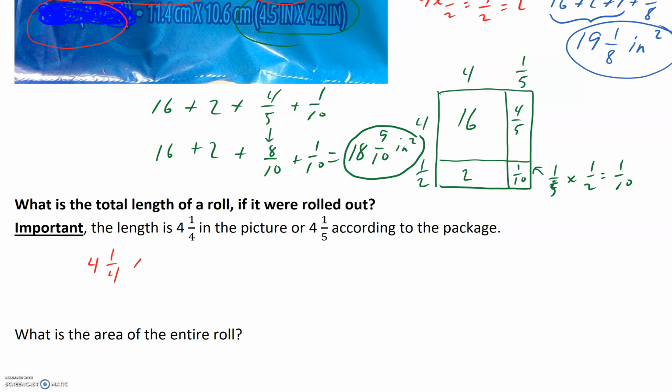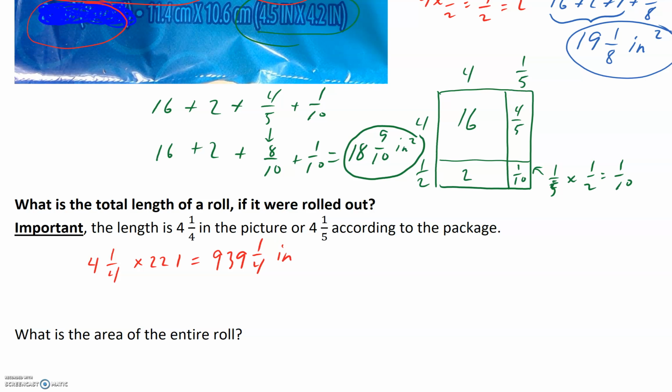4 1/4 times 221, right? When I did my math for that, I got 939 and 1/4 inches. That is if we said it was 4 1/4 inches long.